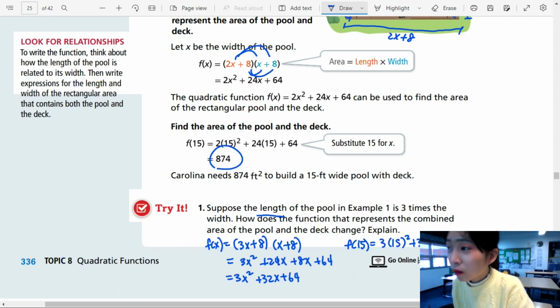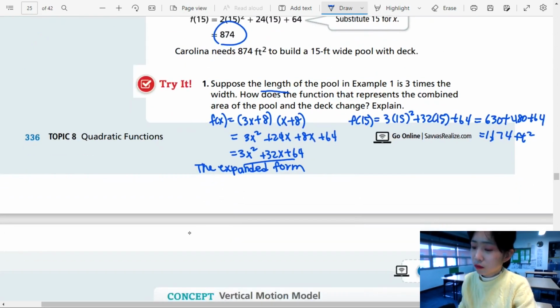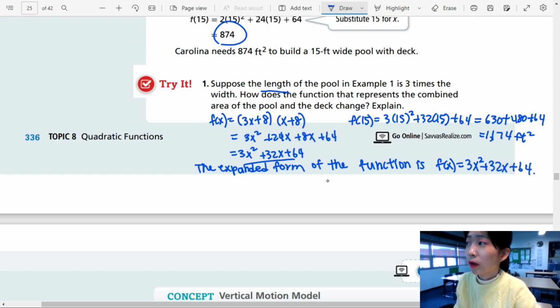So the expanded form would be this, because you replaced 3 instead of 2. Okay? So let's say the expanded form, I'm gonna scroll down so you can see. The expanded form of the function is f of x equals 3x squared plus 32x plus 64.